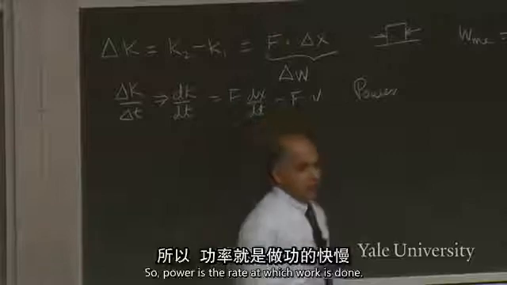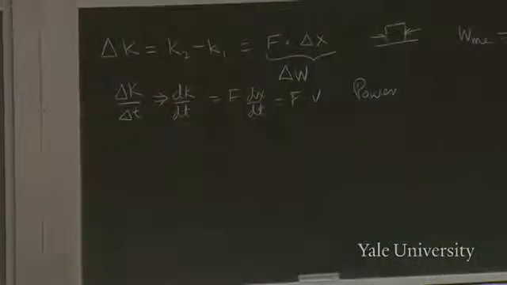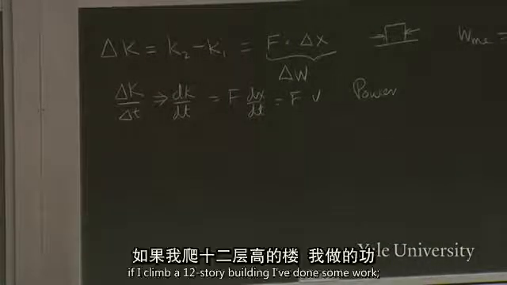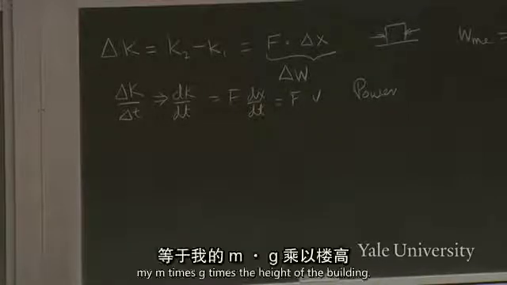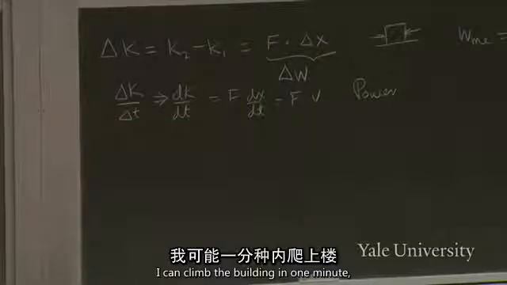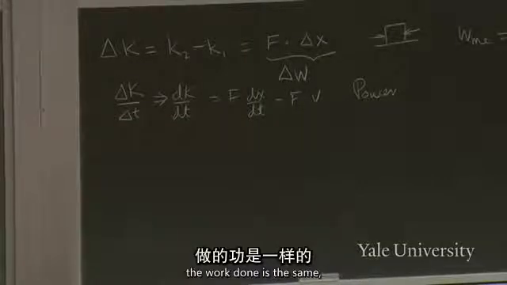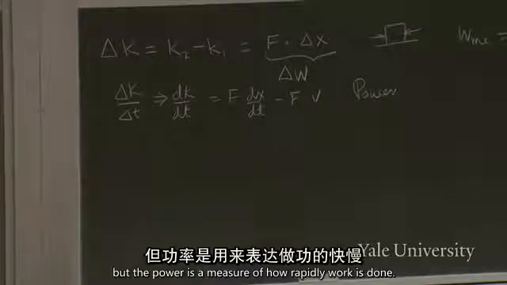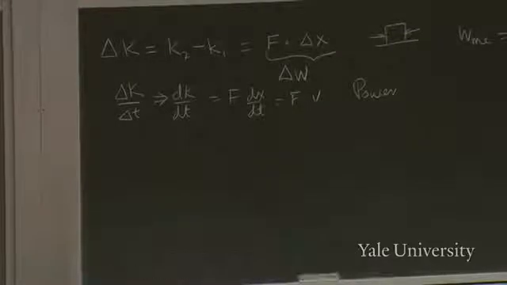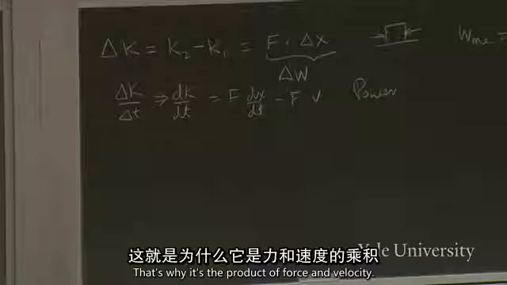So power is the rate at which work is done. For example, if I climb a 12-story building, I've done some work. My m times the g times the height of the building. Now I can climb the building in 1 minute, I can climb the building in 1 hour, the work done is the same, but the power is a measure of how rapidly work is done. That's why it's a product of force and velocity.